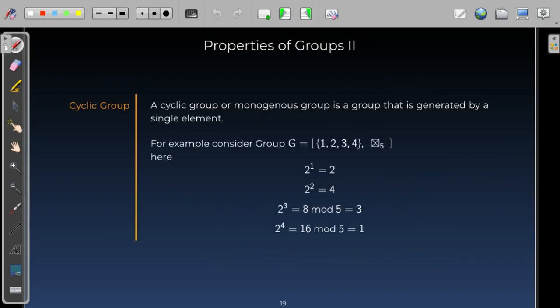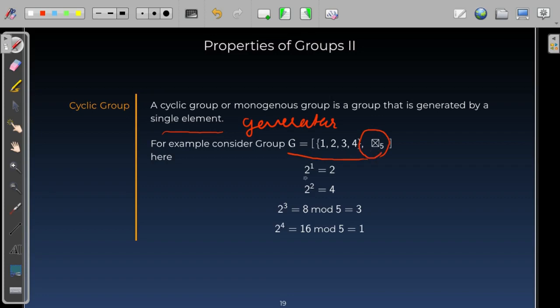Next we are going to consider a cyclic group. A cyclic group is one in which all the group elements can be generated using a single element, and that single element is generally called a generator, because using this we can generate all the elements. Now consider a group G with the elements 1, 2, 3, 4, and the operation we are taking is modulo 5 multiplication.